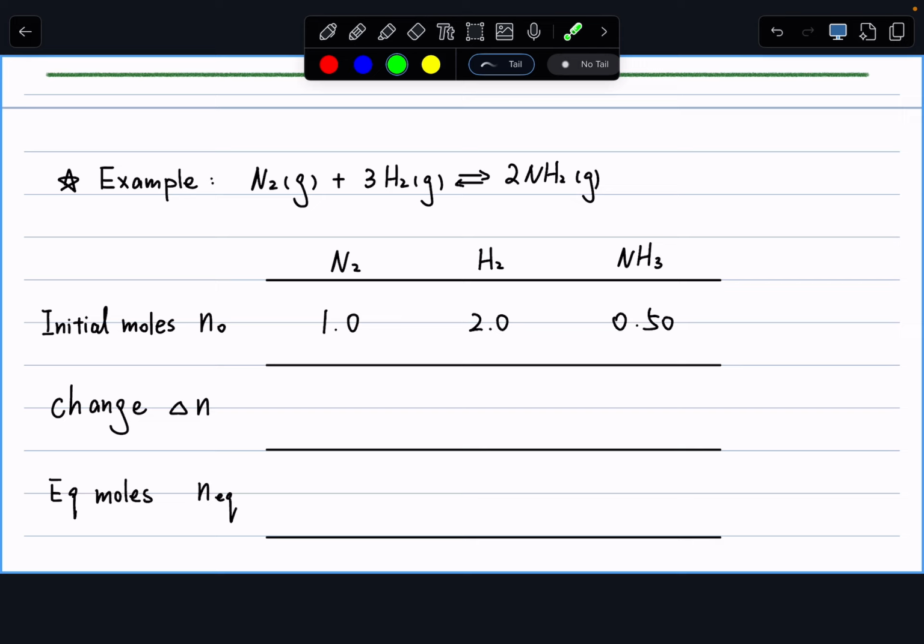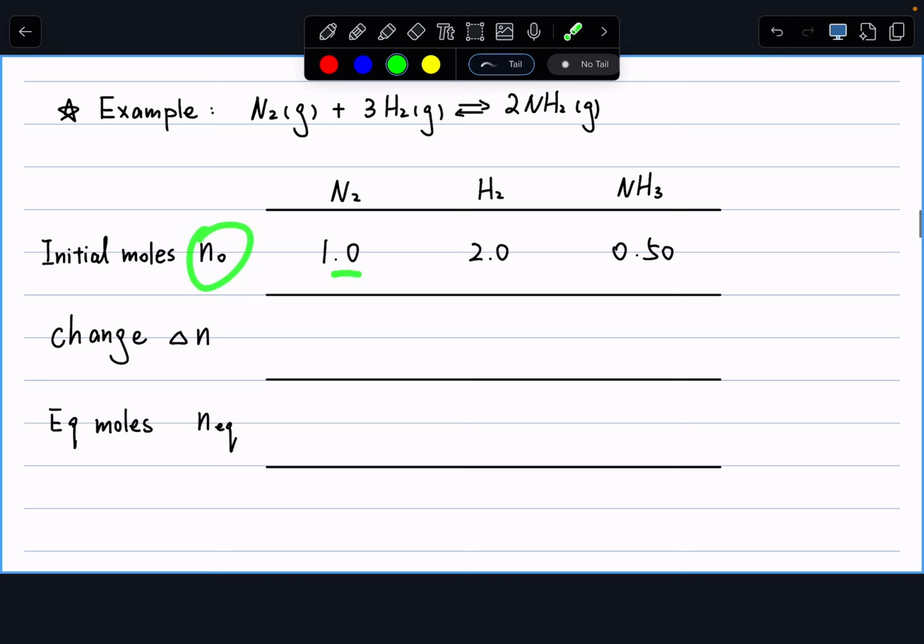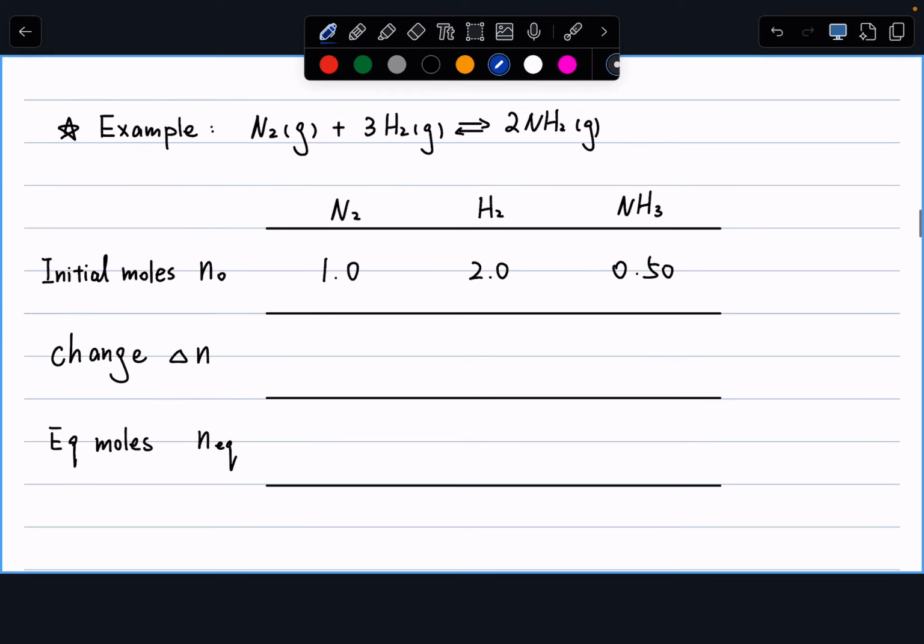So just get started looking at a review of our ICE table. Initial number of moles, let's say we start from 1.0, 2.0, and 0.5 for your nitrogen, hydrogen, and ammonia. So the change in number of moles here depends on the stoichiometric coefficient. So this one is -1, -3, and +2.